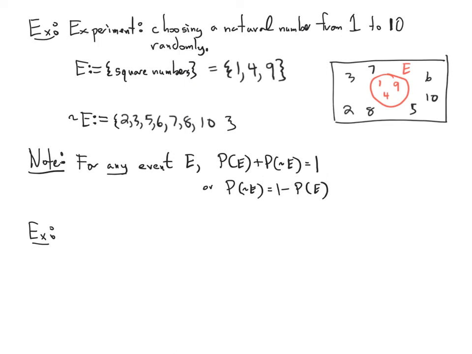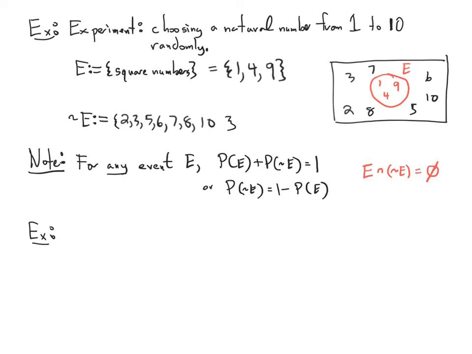Remember, a quick note here, that event E and its complement are definitely mutually exclusive. So their intersection has nothing in it. There's no element that happens and doesn't happen, of course. The definition of a complement is that it's outside of an event, so there's no way for an element to be both in E and outside of E at the same time.